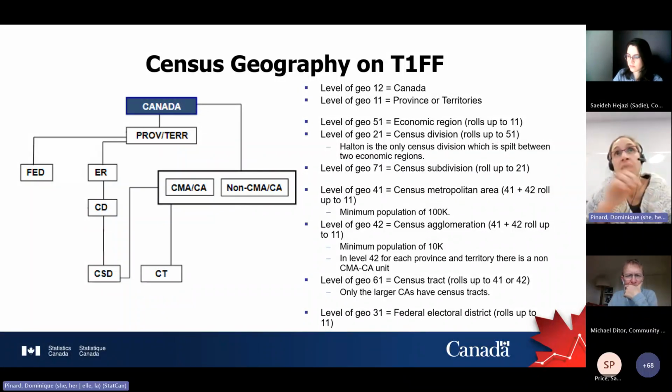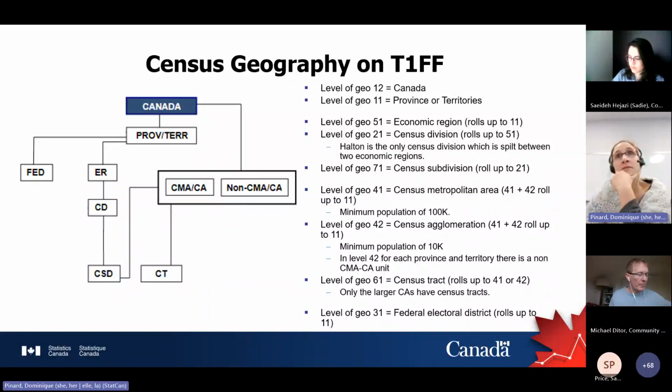The last section of the census geography is the census metropolitan area or census agglomeration. To ensure that we cover the country, we include a category that's the non-CMA/CA by province. Then some census metropolitan areas, all census metropolitan areas and some census agglomerations are what we call tracted, so they will have census tracts.